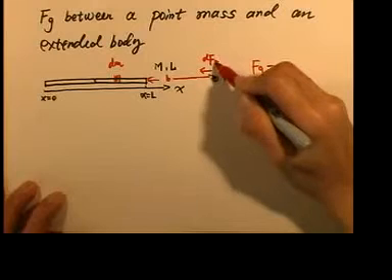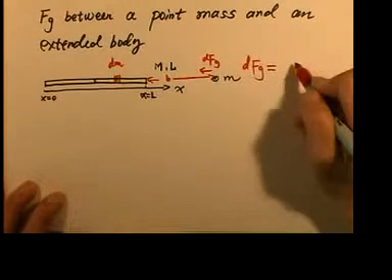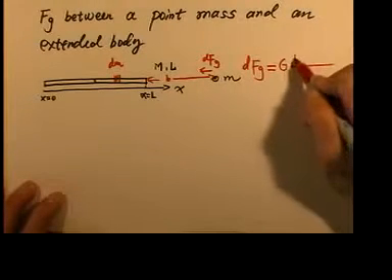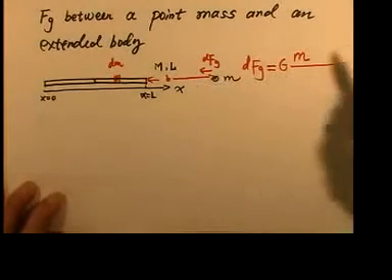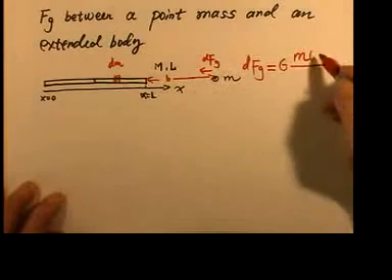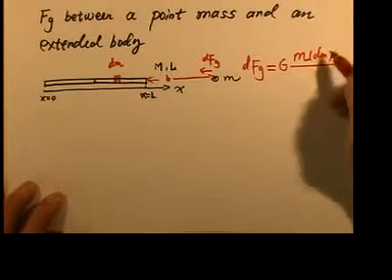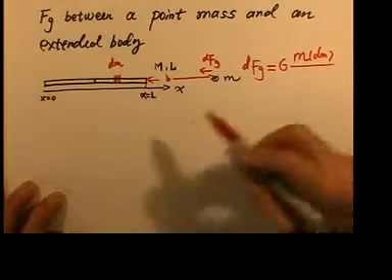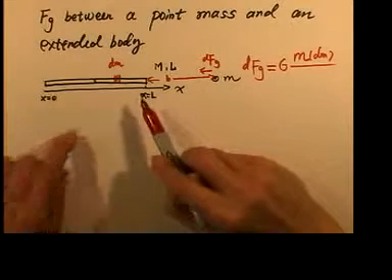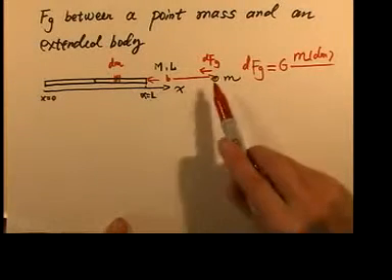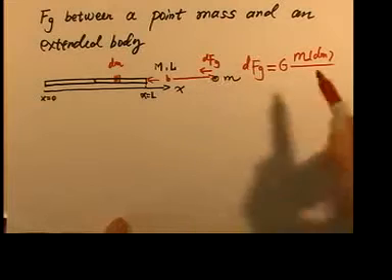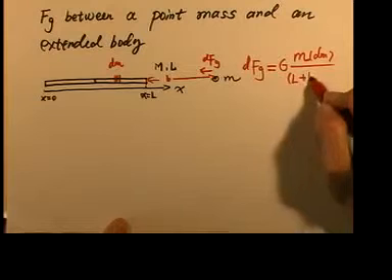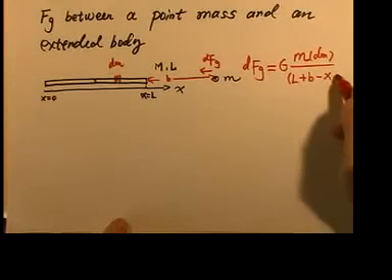So let's name this dFg equals capital G times the two point masses. One is the point mass m itself, the other is the slice we cut, which we name dm, very small, as if m1 and m2, divided by their separation squared. And the separation should be between dm and this little m, so it should be L plus b minus x.